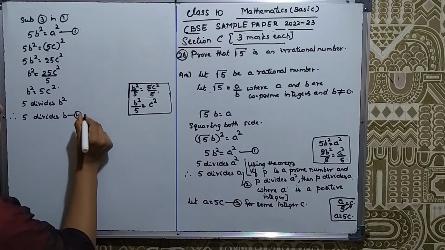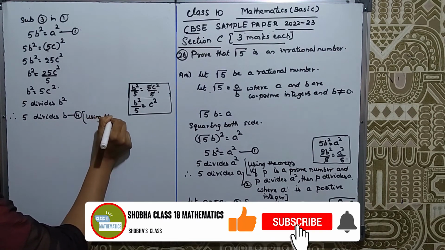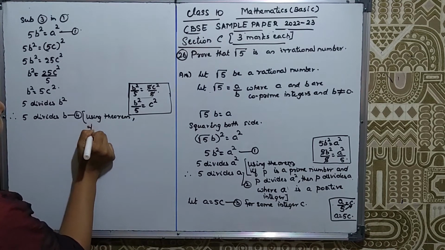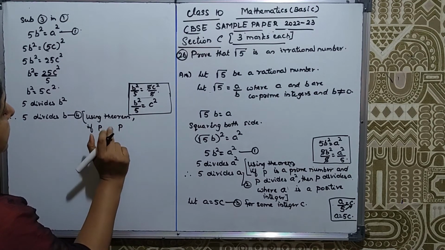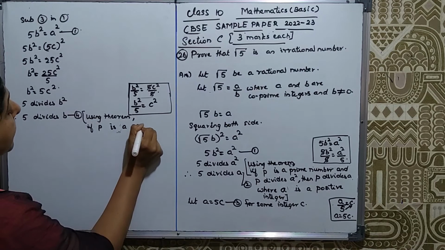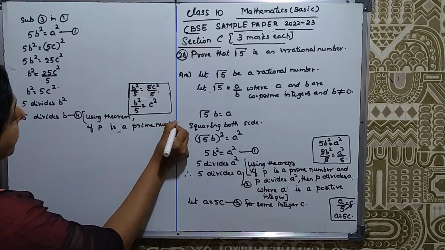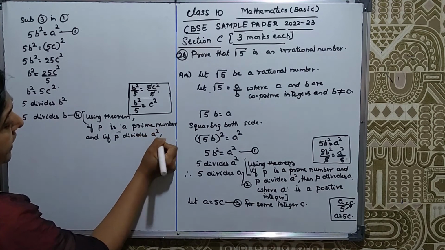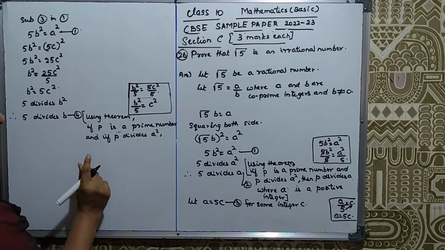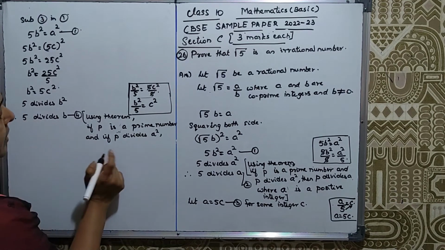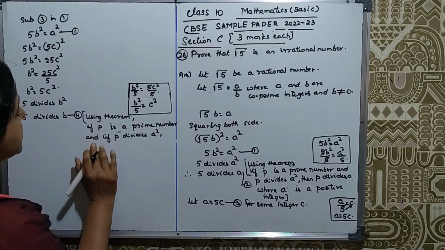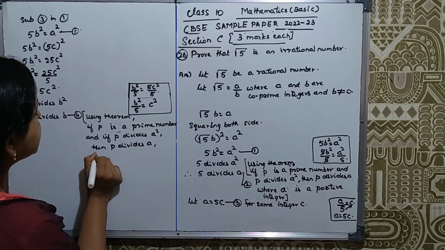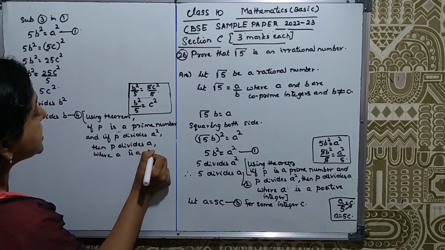Again it is based on the theorem, using the theorem: if p is a prime number and if p divides a squared, then p divides a, where a is a positive integer.